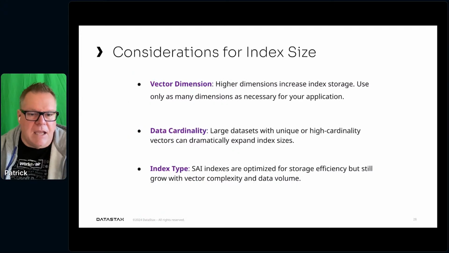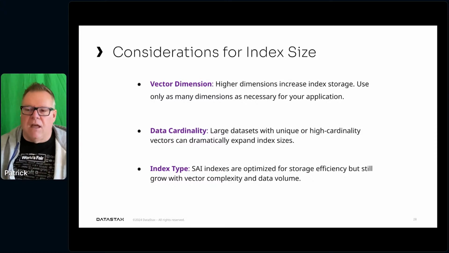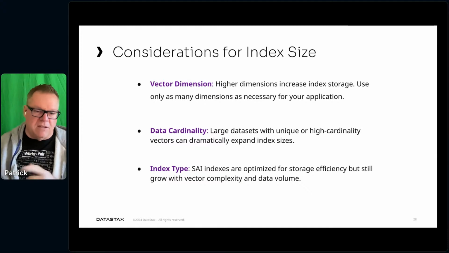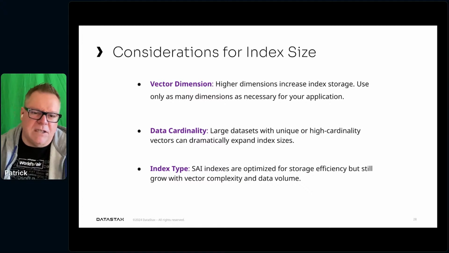Okay. Now, index sizing. I'm going to rapid fire go through some operational stuff. And if you have anything in the chat, any questions, just throw them out there. This consideration for index size is important because we're using a different indexing engine, and this is not a free lunch.